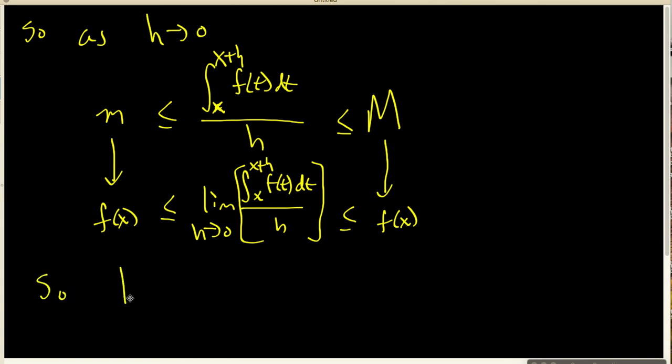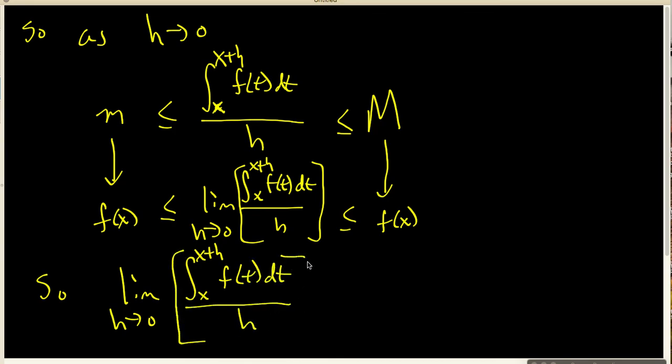So what this tells me is that the limit as h goes to 0 of the integral between x and x plus h of f of t dt divided by h winds up being f of x.